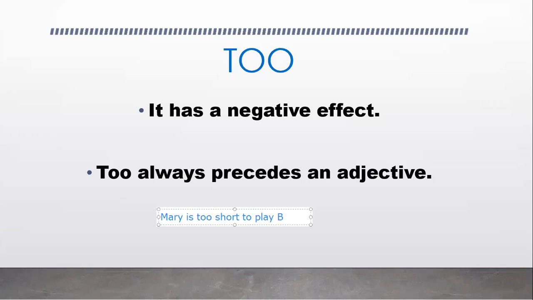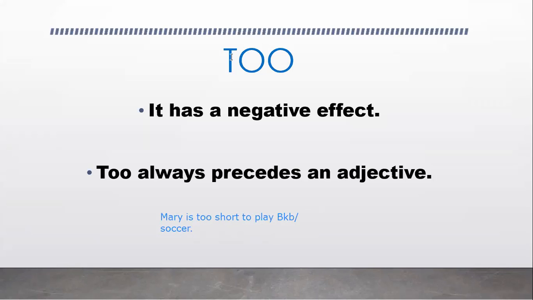Okay, let's see, basketball or soccer. Imagine she is not tall enough to play basketball. Why? Because she's short. She's too short in this case. So Mary has to be tall in this case.